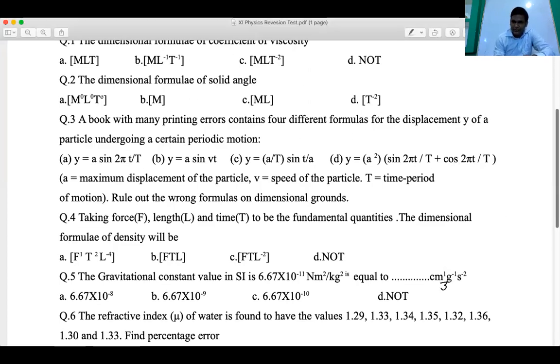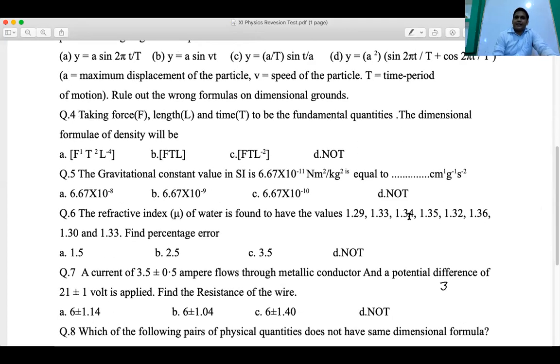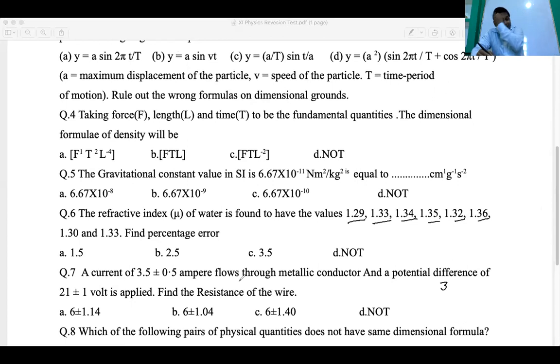Coming to this, they are saying that the refractive index of water is found to be these values: 1.29, 1.33, 1.34, 1.35, 1.32, 1.36, 1.30. Find the percentage error. Have you found it or not?